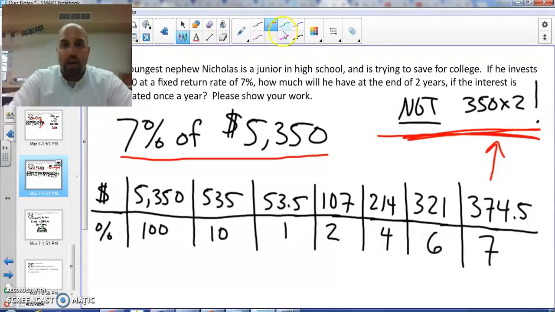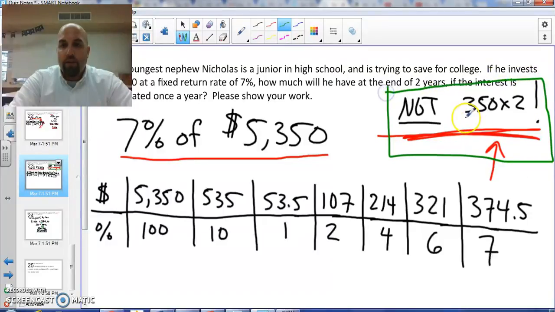Please note, it is not $350 times 2. $350 was 7% of 5,000. But I'm reinvesting all of my money. I'm not just investing $5,000 again, so I'm not just multiplying 350 times 2. It was a number one mistake with this problem.